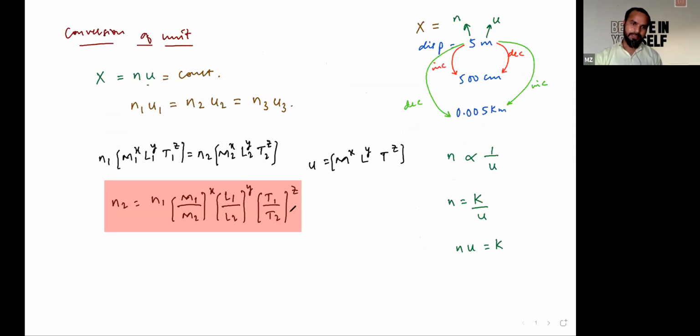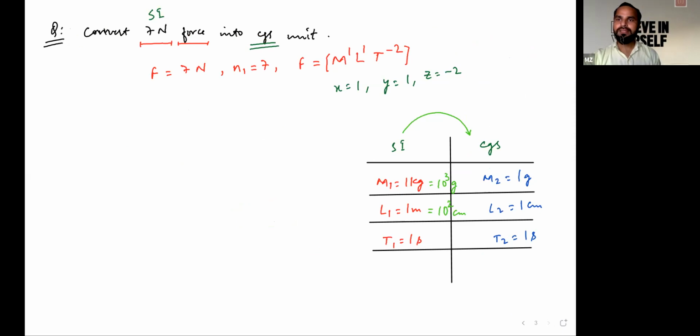Use this particular formula to convert in terms of N2. Let's say we have to calculate N2.